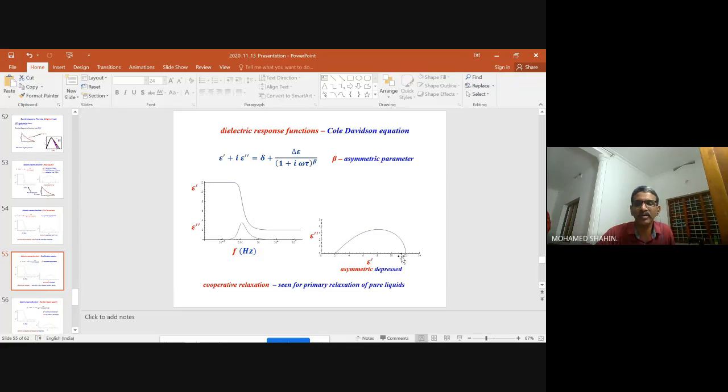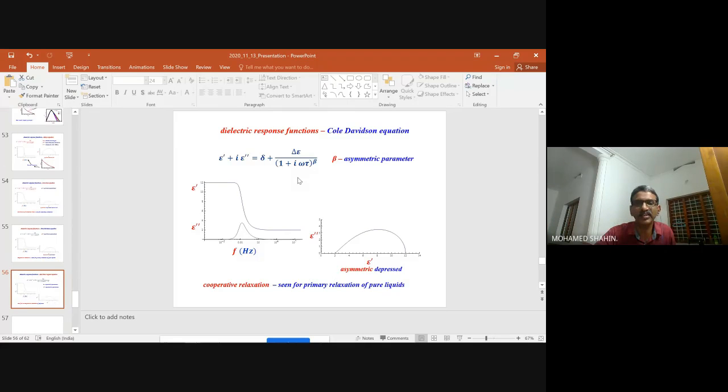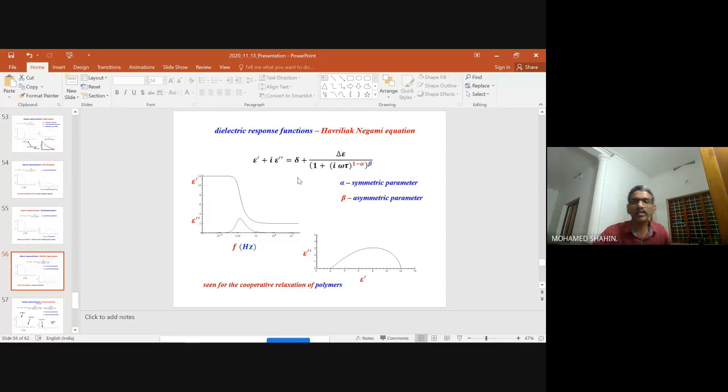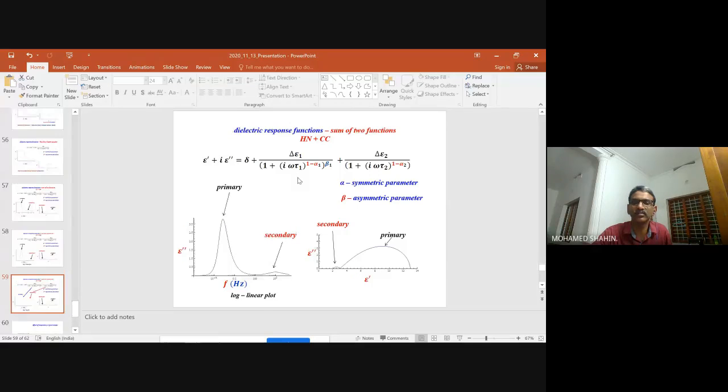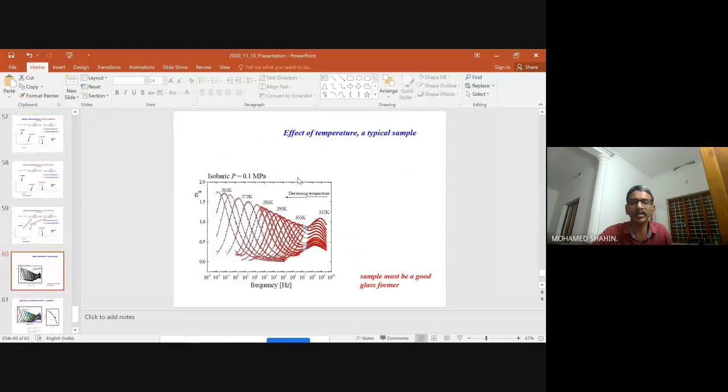Here we have one asymmetric parameter we discussed yesterday, and one symmetric parameter also. This is what we will be doing today. After that we will be doing this, and that is what we are planning to do today. And already we have seen that real experiments would have this sort of response, with a primary process and a secondary process.